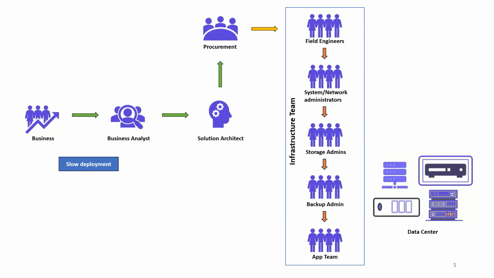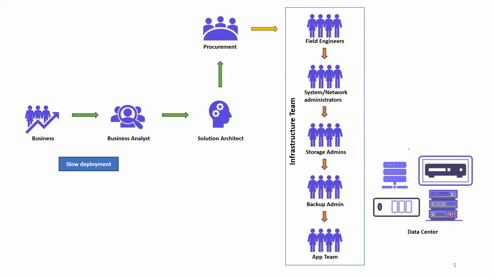It's because if they want to create a new application, they have to go one by one, step by step. Multiple teams are working behind the scenes, and they have to make sure that all of these things are working. Sometimes the purchasing may take some time, or delivering it to the data center may take some time. Field engineers may take some time according to the challenges they are facing.